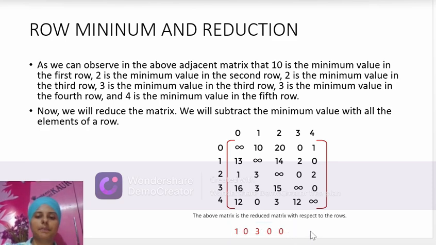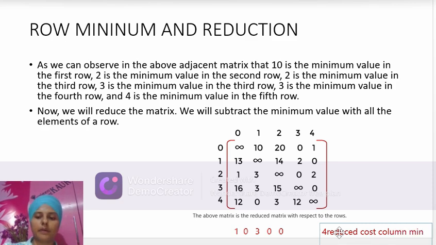So these are the values for the column minimum. Now what is the total? The total comes out to be 3 plus 1, that is 4. So 4 is the reduced cost that we get from the column minimum.